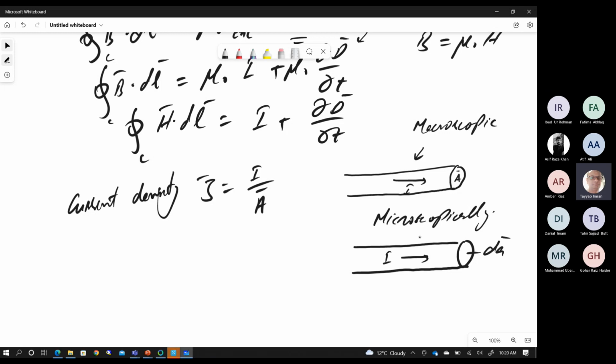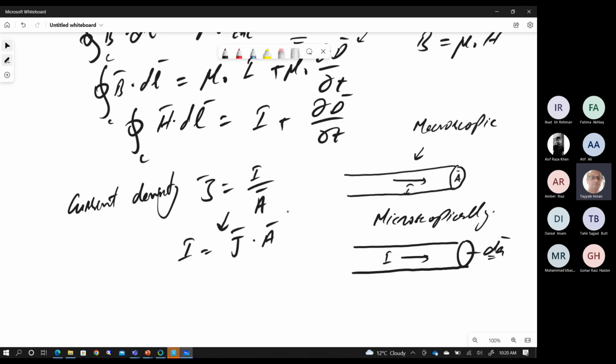Macroscopically we take A as area and microscopically a small portion is dA. In the normal case we write current density is equal to I over A, or current is equal to J times A. So current density is a vector quantity and the current is not a vector quantity.